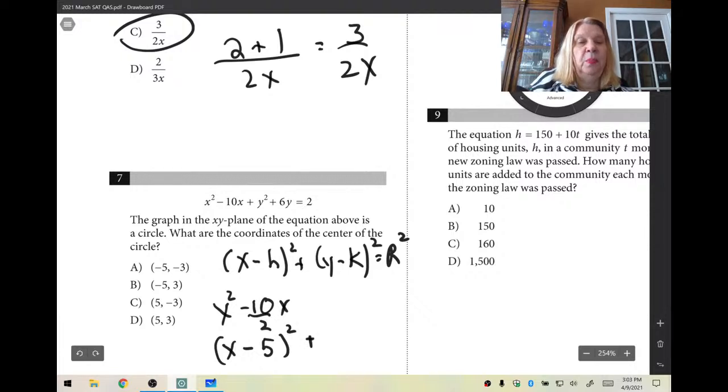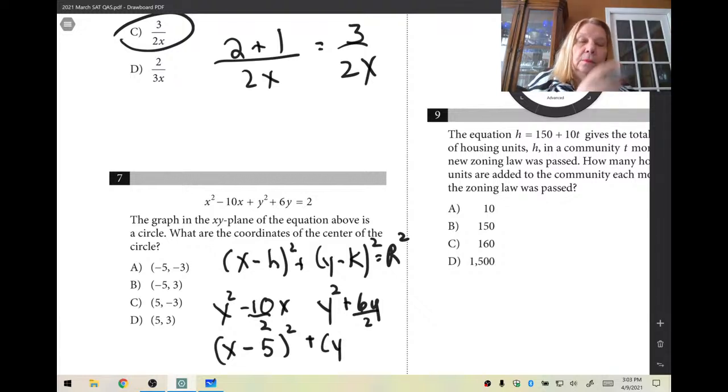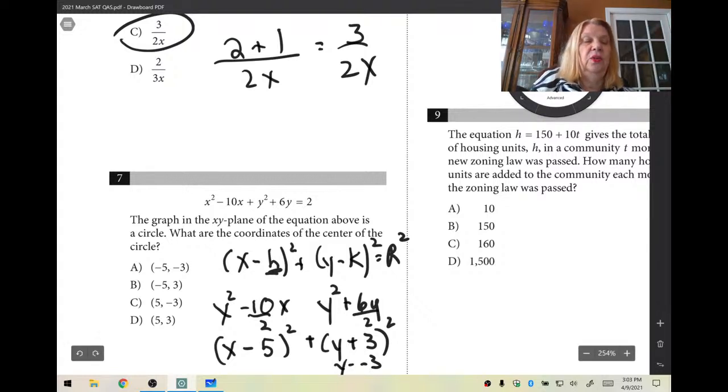And then we'll take this part. Now we're going to do a lesson on this, so if you are a little lost, that's okay. Divide this by 2, and that'll be y. Basically, it's going to be a plus 3. So that means, according to this formula, the x is 5, this is tricky, and the y is going to be a minus 3. So the answer for this one is C, number 7.